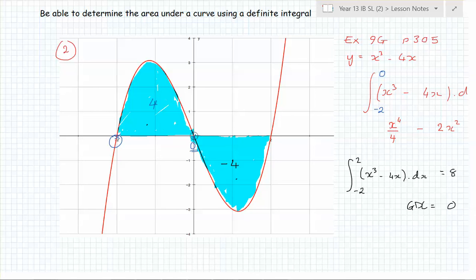So from A to B, you've got to do A to C, C to B, and add them together, if you've got positives and negatives. You can see that in example 9 where you've got some above, some below, and you have to do them all separately and then add them all up.